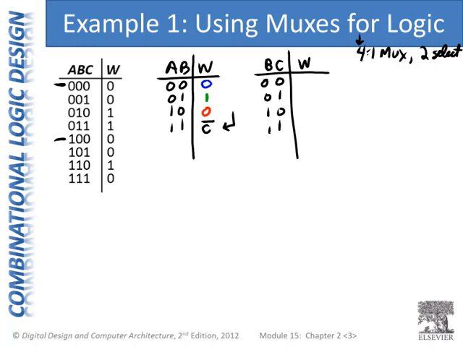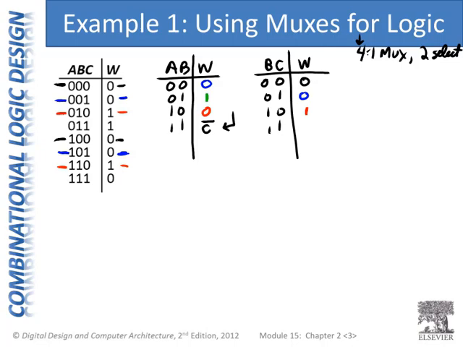The output W, when B and C are both 0, is 0 independent of what A does. When B and C are 0 and 1, those 2 rows, the output W is again 0 independent of what A does. When B and C are 1, 0, the output is 1 independent of what A does.